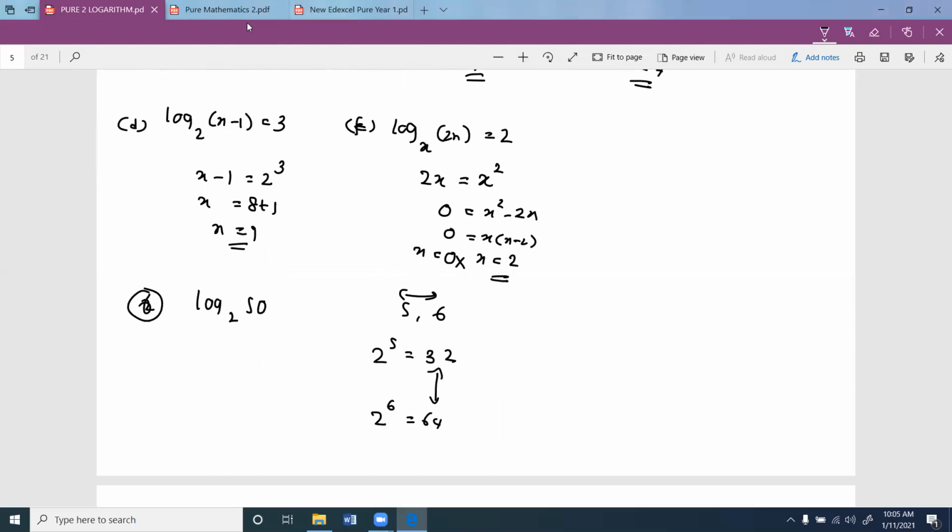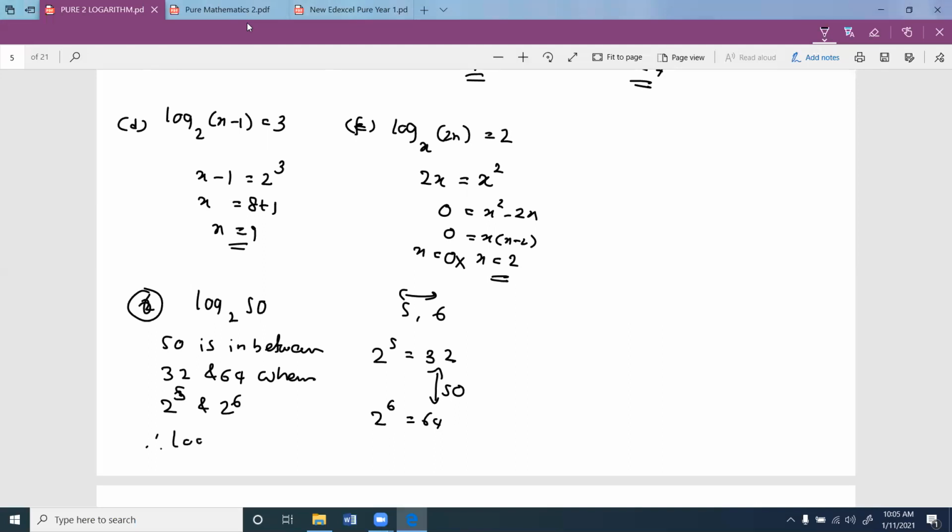Therefore, 50 is a value in between 32 and 64, that is, between 2 to the power 5 and 2 to the power 6.